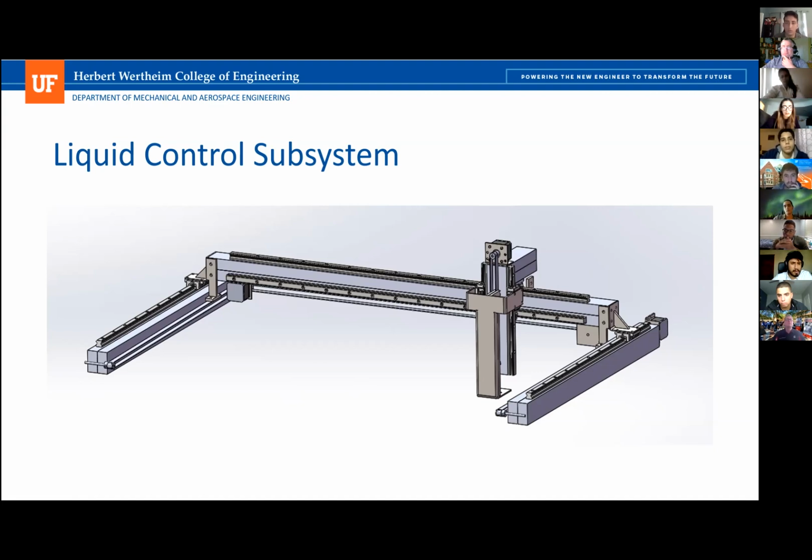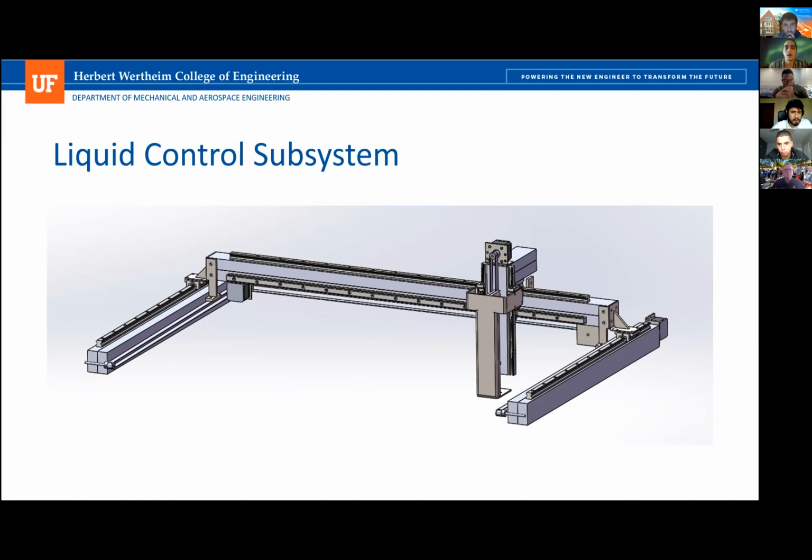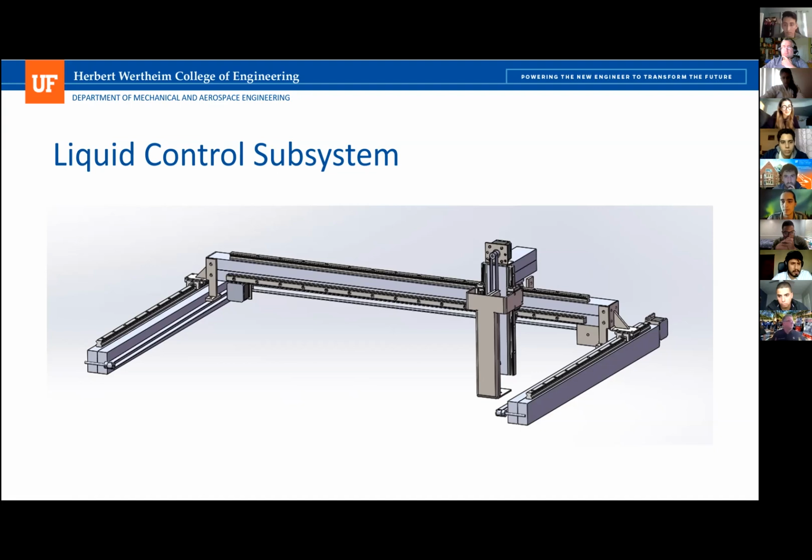Let's see. Does he mean on the Y movement on the liquid control subsystem, or on all of them in general? Because I can see how it could be a problem given that we have a pretty rigid assembly in the, let's call it, head of our system.